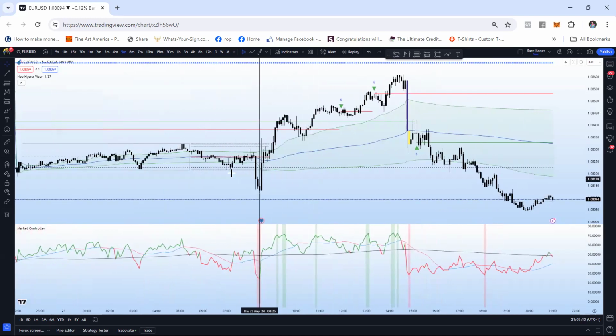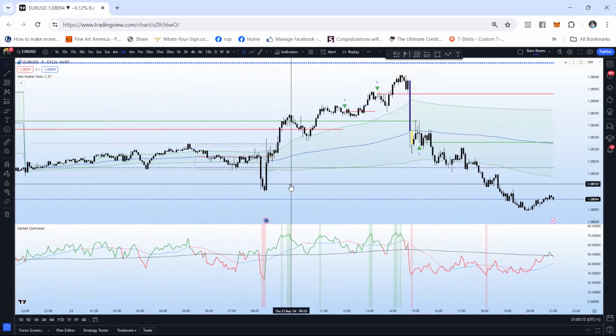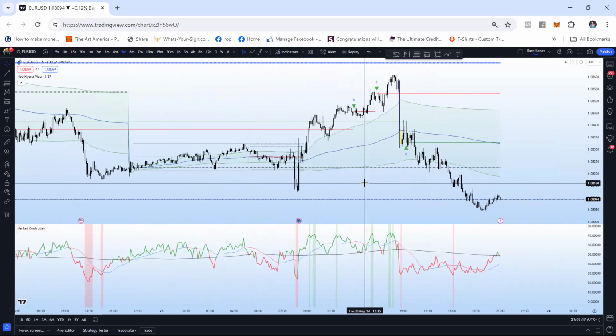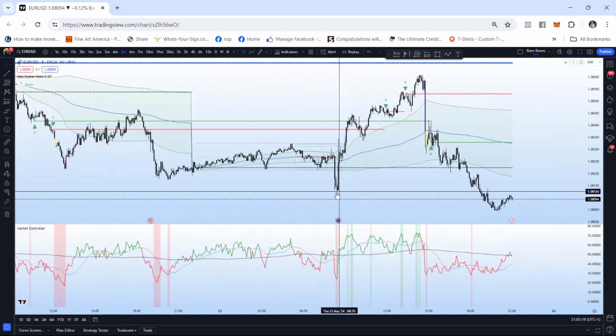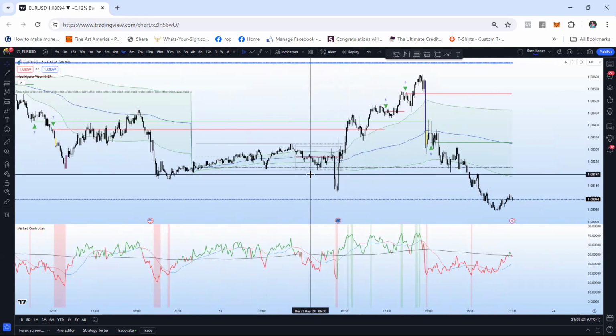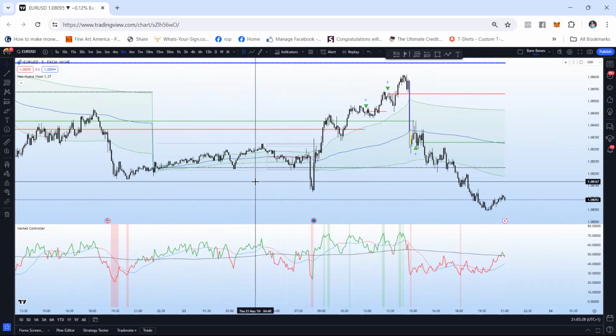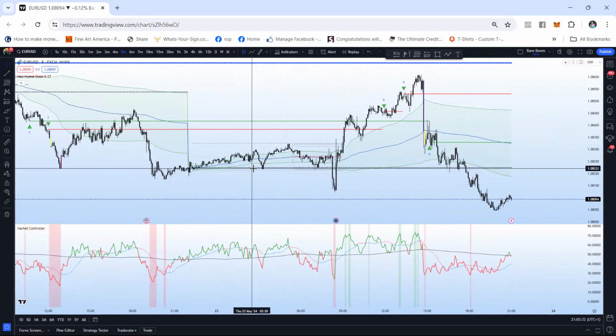But I will get into what exactly each of these lines means a little bit later.